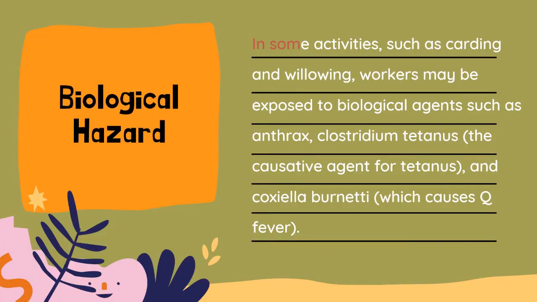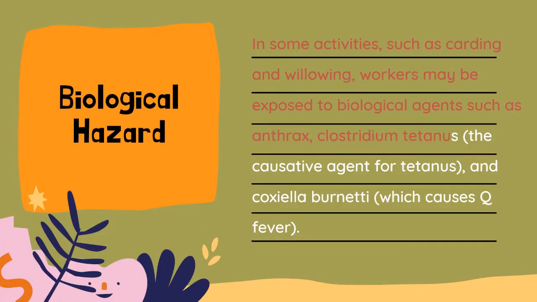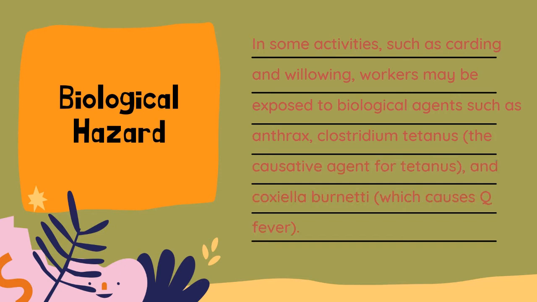Biological hazard. In some activities such as carding and willowing, workers may be exposed to biological agents such as anthrax, Clostridium tetani, the causative agent for tetanus, and Coxiella burnetii, which causes Q fever.